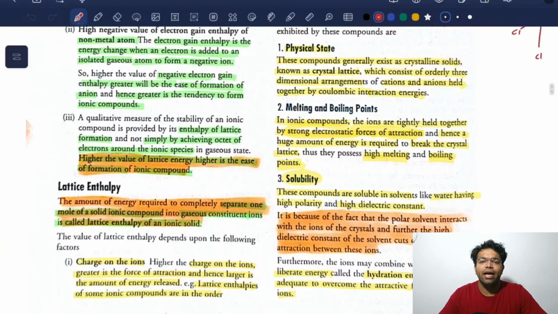For example, the H2O molecule is a polar molecule, because it has two centers of charge: the positive charge on hydrogen and the negative charge on oxygen. So in a polar solvent, it becomes easy for the ionic compound to dissolve. That's where the saying comes from: like dissolves like.